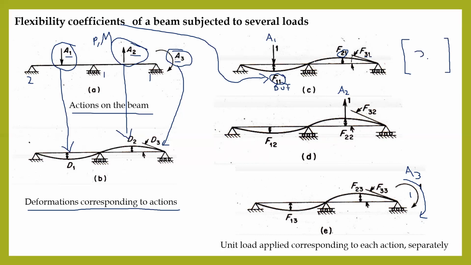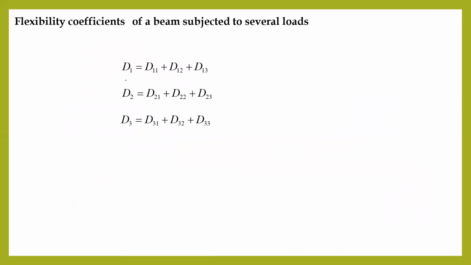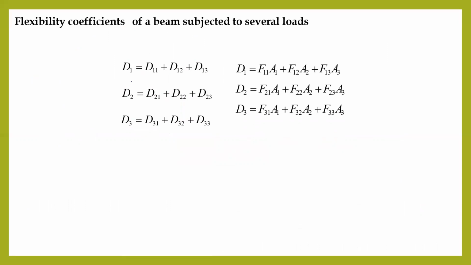So the size of the matrix will also depend upon the number of redundants that we need to release, the degree of static indeterminacy, right? Now, so the final expression is given by D1 is equal to F11 plus F12 plus F13, like that for D2, D3. Now, if you want to write the expression, so flexibility inverse into delta is equal to P.